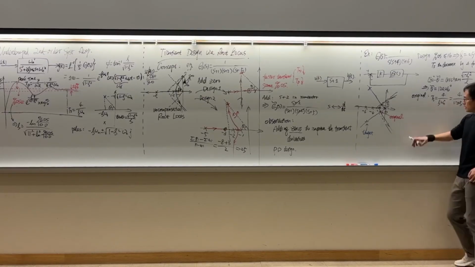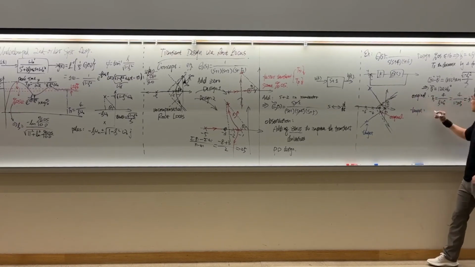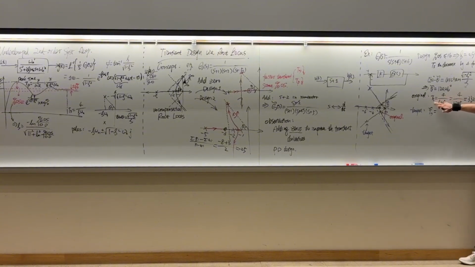Our target is to reduce it to 1/4 of this one. It's going to be 3.32 over 4, so that's about 0.83. So that's the target.